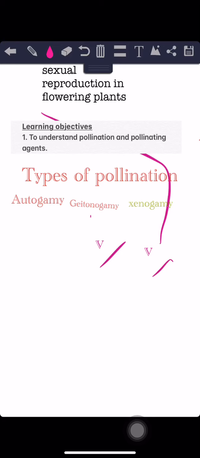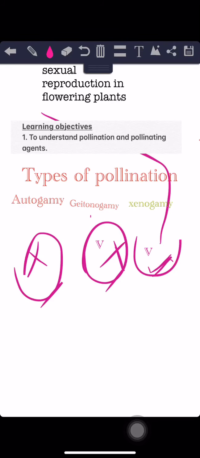But autogamy is not having a single variation. Remember, geitonogamy can have variation or not, or say very negligible variation. So we also say that autogamy is not having variation, geitonogamy also not having variation, whereas xenogamy is having variation. So these are the major differences between all these different types of pollinations. I hope you all are clear with these factors. Let's move further.